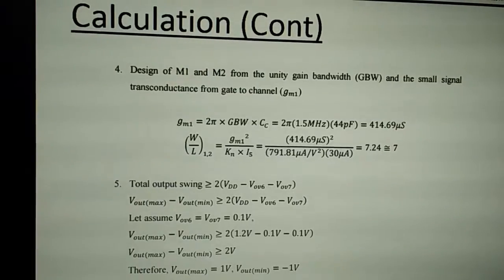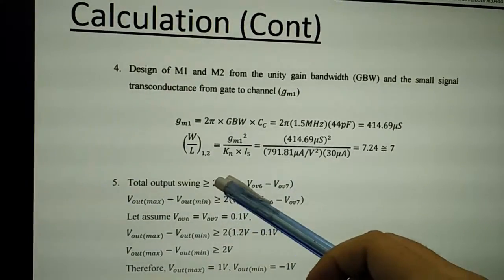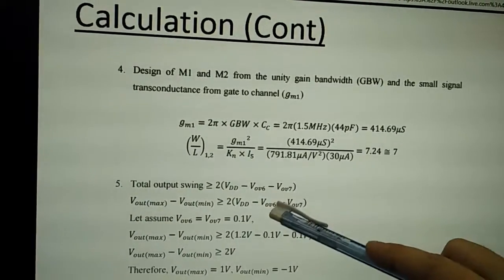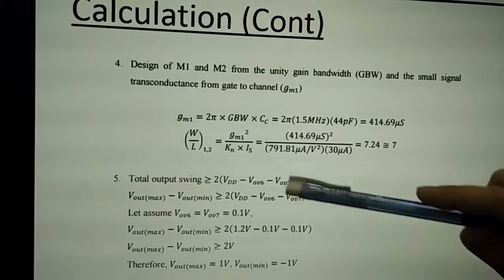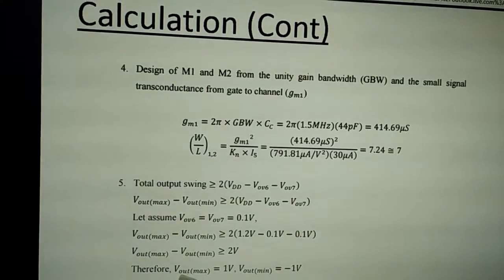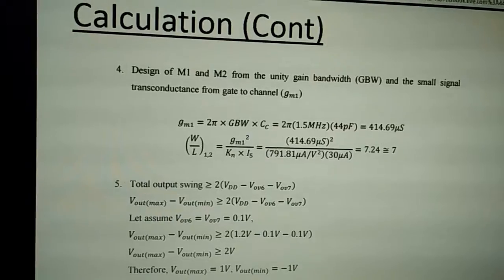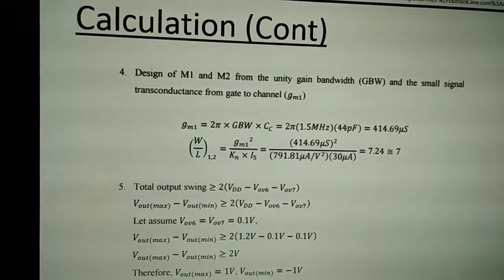And next, the total output swing will be more than 2 times (VDD minus V overdrive 6 minus V overdrive 7). Following the calculation, we get Vout max equal to 1 volt and Vout minimum equal to negative 1 volt. This is the total output swing.